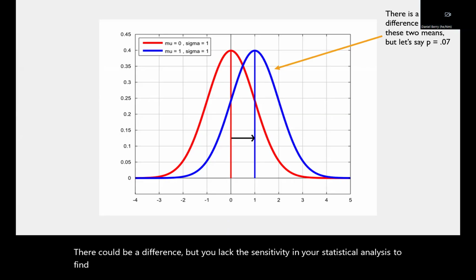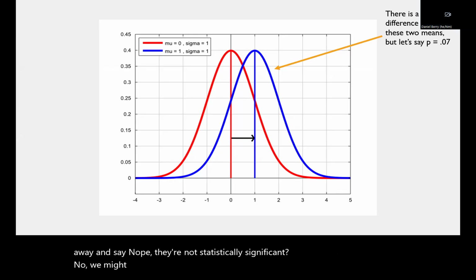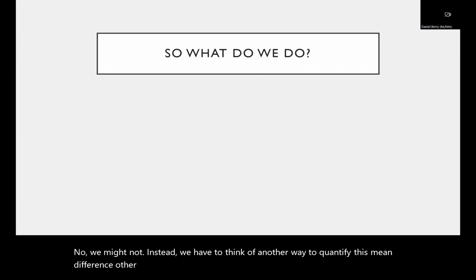So here, let's say that our p-value is 0.07. Do we just throw these data away and say, nope, they're not statistically significant? No, we might not. Instead, we have to think of another way to quantify this mean difference other than a probability value. So what do we do?